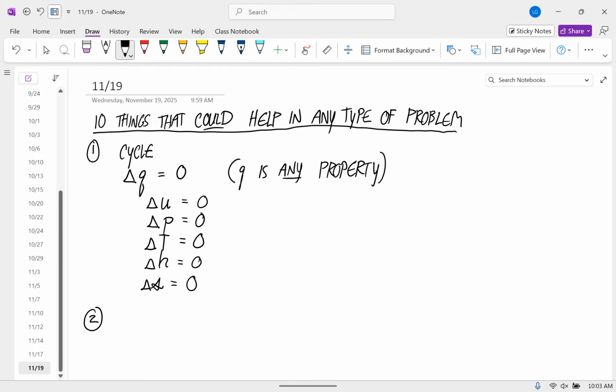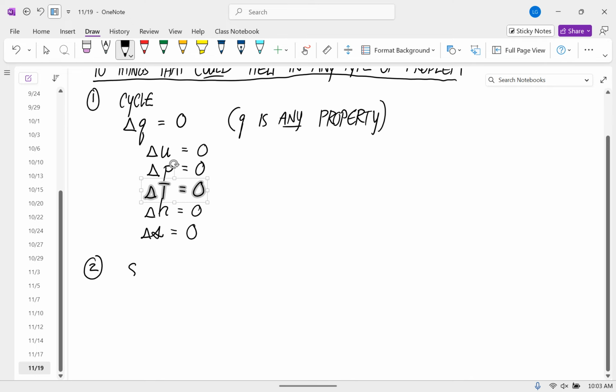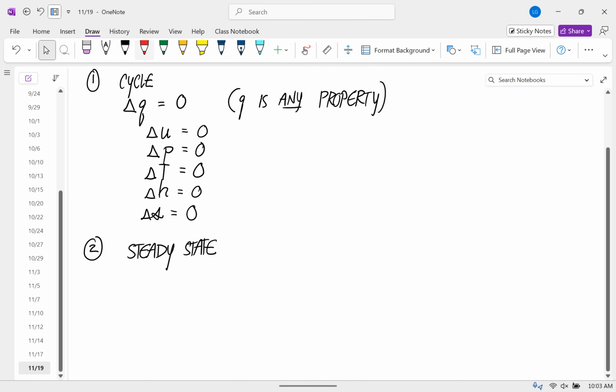Related to that is steady state. Steady state, we'll think of as two things. The first one is that the rate of change of any property is equal to zero.